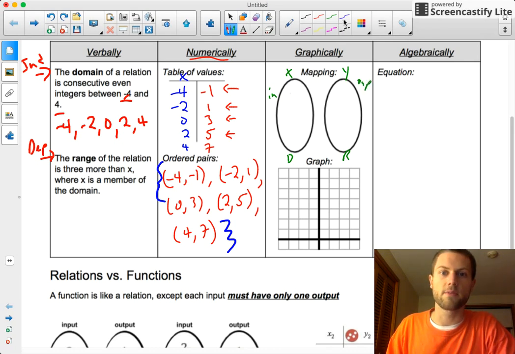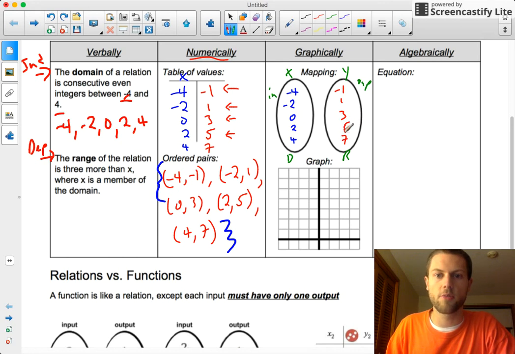Inside of these maps, we have the values for our domain: -4, -2, 0, 2, and 4. And then we also have our range. I'll put that in there as well. And we have -1, 1, 3, 5, and 7.